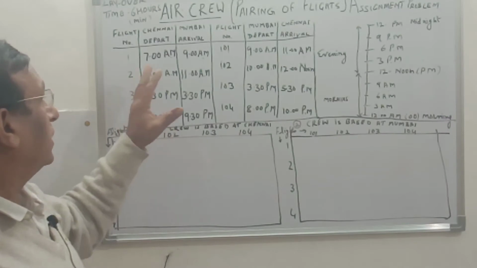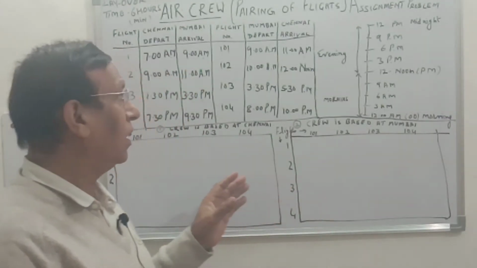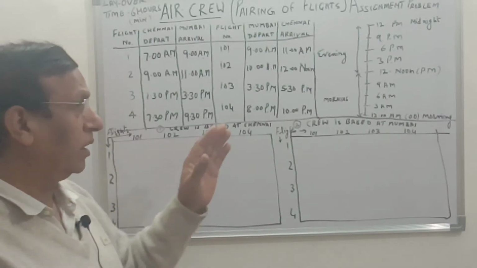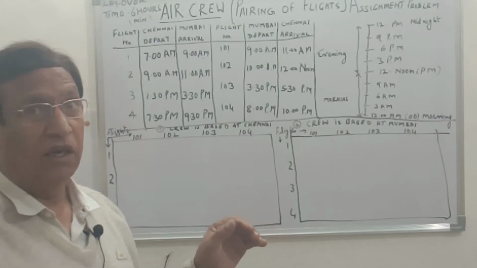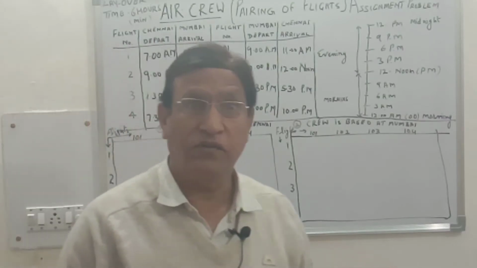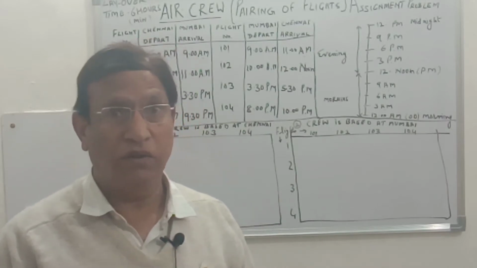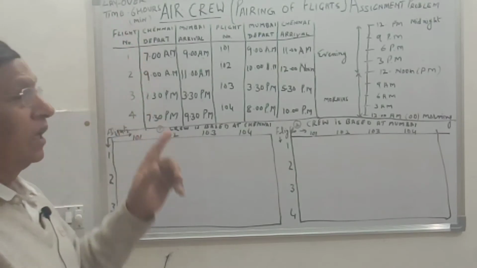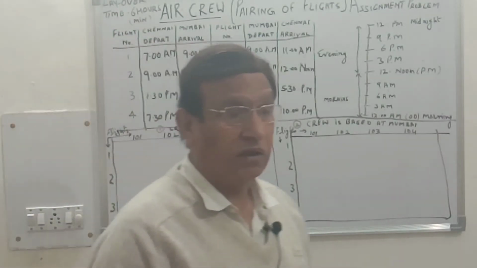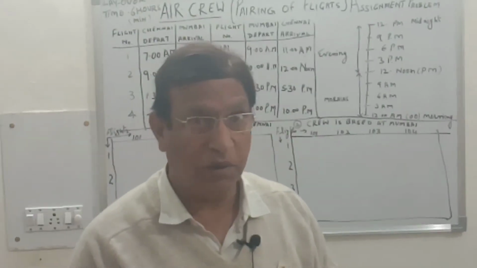I have taken this exercise where air crew are going and coming back, going by one flight, coming back by another flight, and their layover time is fixed, maybe 4 or 5 or 6 hours. Layover time is always given. It is the rest time, that after deboarding this flight, you have to again board the flight for coming back.